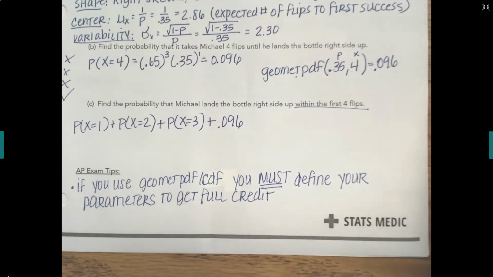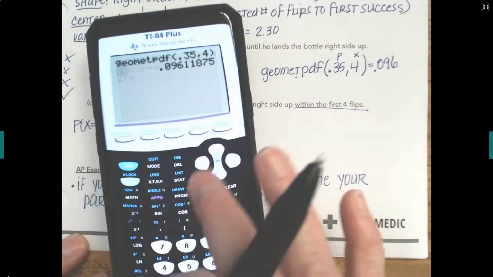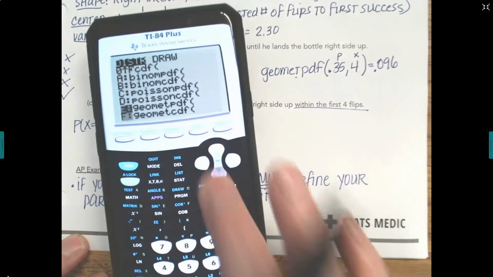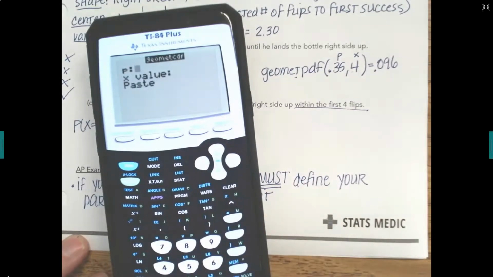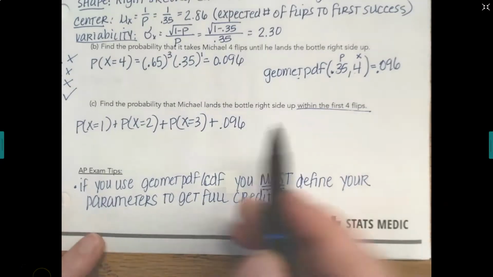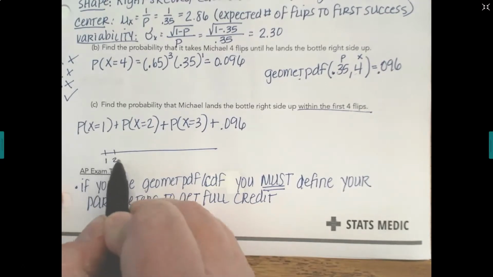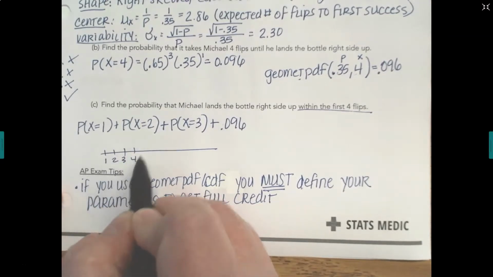It's going to take a while, and there's a lot of chance for mistake because you're trying to rush. So we can go into our calculators and we can use the CDF function. So second vars, you want geometric CDF. Our P is 0.35. Now, the value of interest. Now think about it, within the first 4. So we have all these choices. We have success on the 1st, 2nd, 3rd, 4th, 5th.